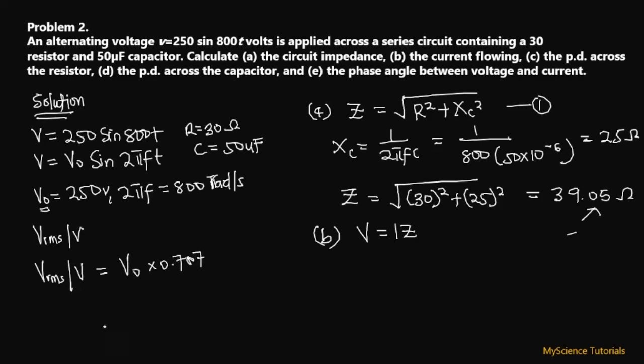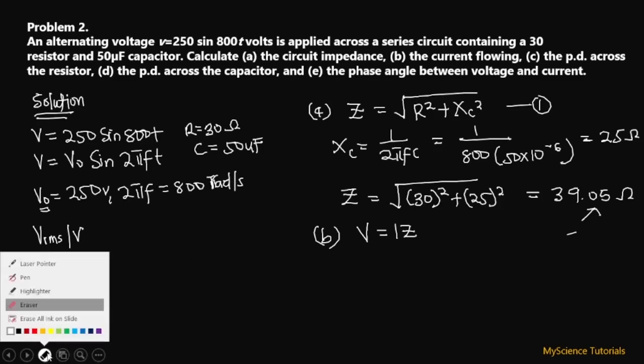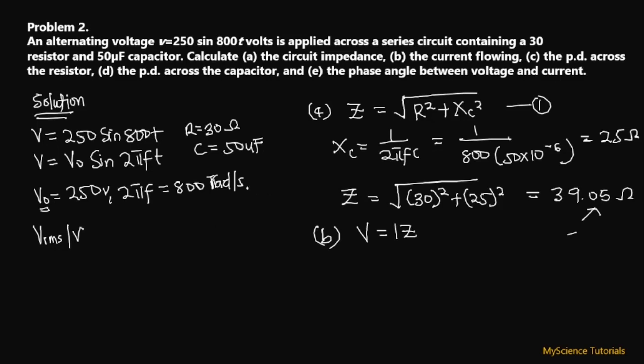0.707. Sorry, let me clean that and rewrite it to be much clearer. So we are saying our voltage is equal to 0.707 multiplied by V0.